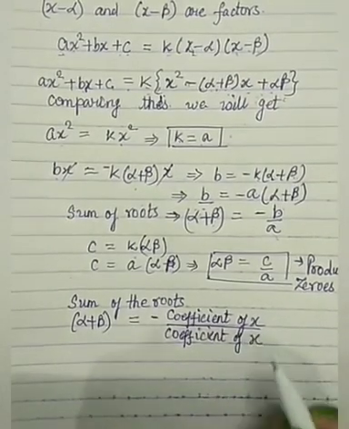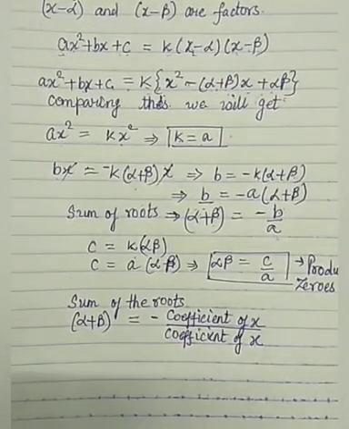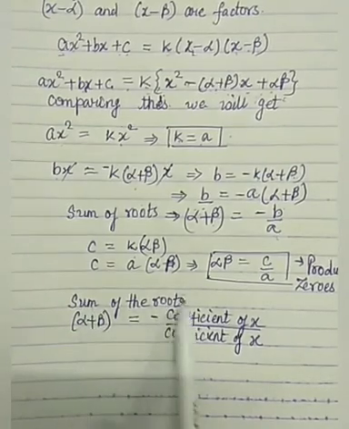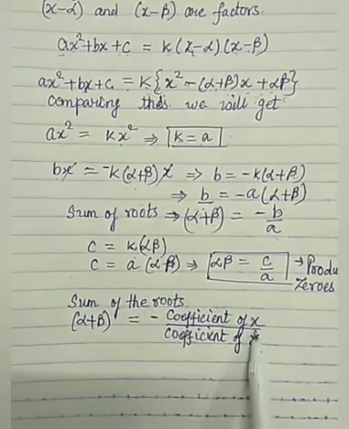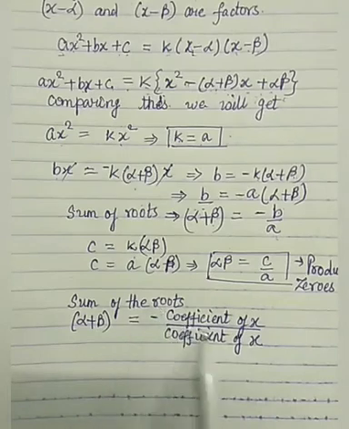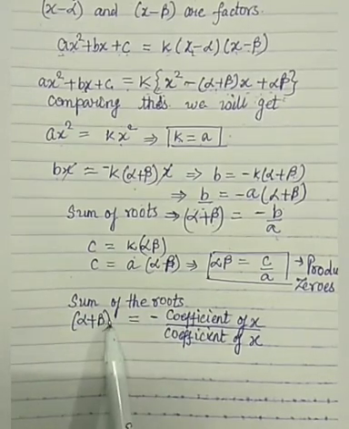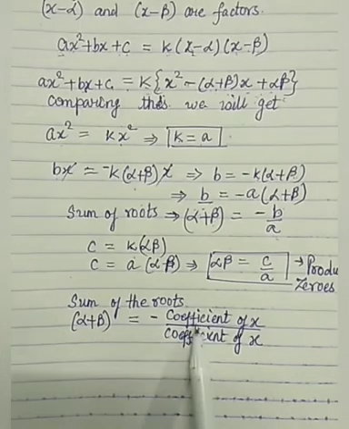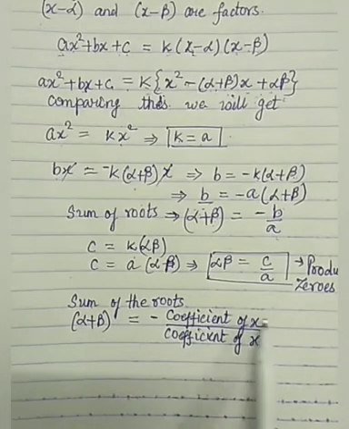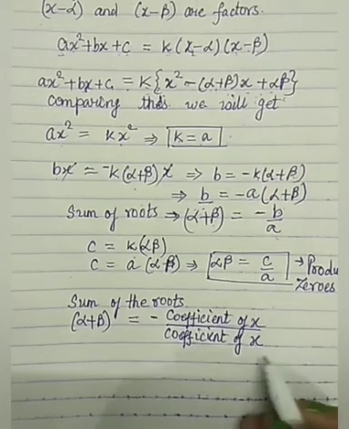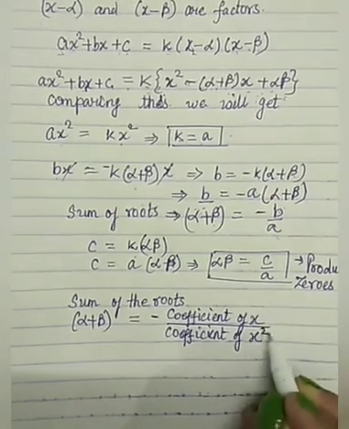This is the relationship between the roots of a polynomial and its coefficients. The sum of the zeros of the polynomial is always minus the coefficient of x upon the coefficient of x square.